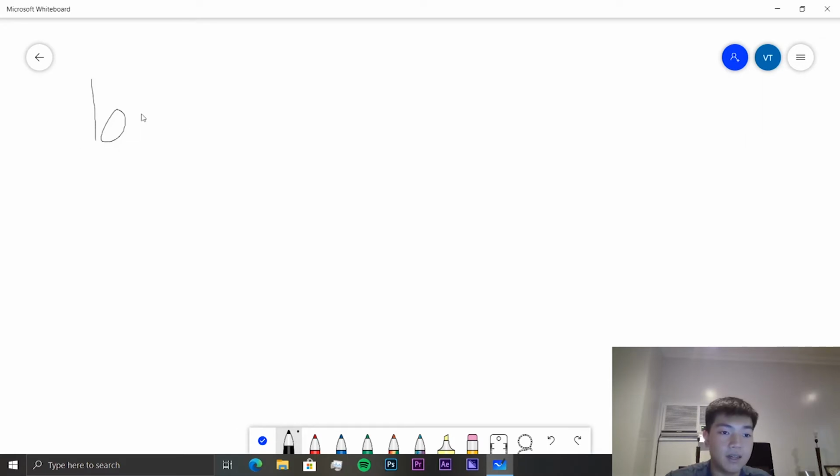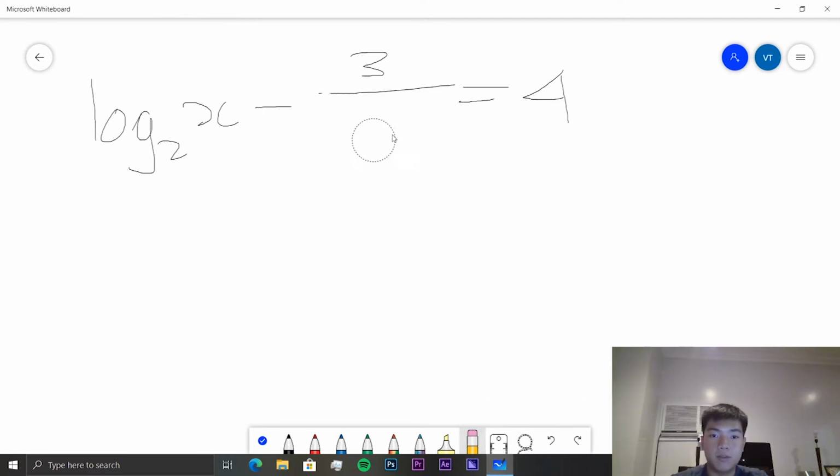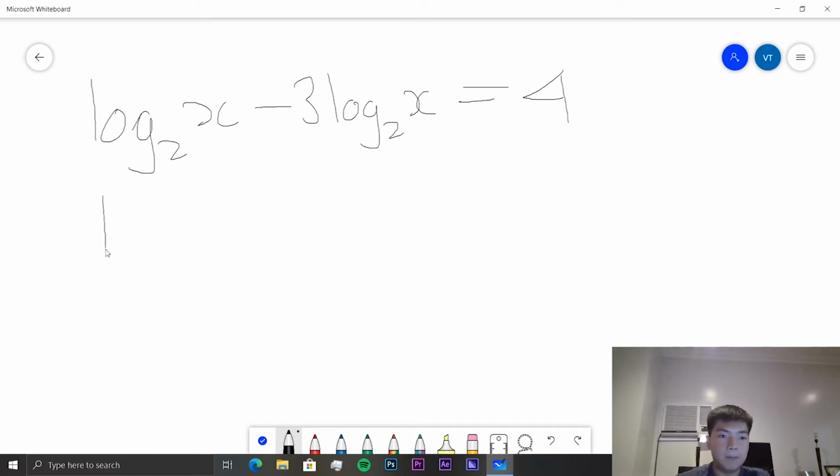Okay. Next question, we need to solve for x. So we have log base 2 of x to the minus 3 over log base x of 2 is equal to 4. And so we need to use the log trick that if we're dividing by log base x of 2, it's actually multiplying by log base 2 of x. So we have 3 log base 2 of x is equal to 4. So we have, in this case, where do we start?